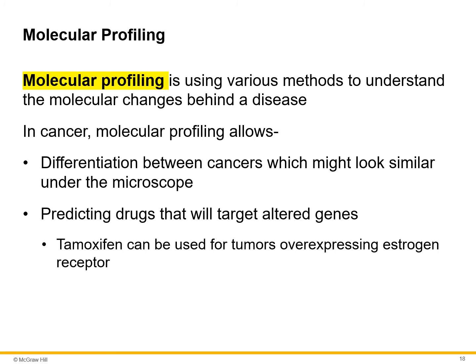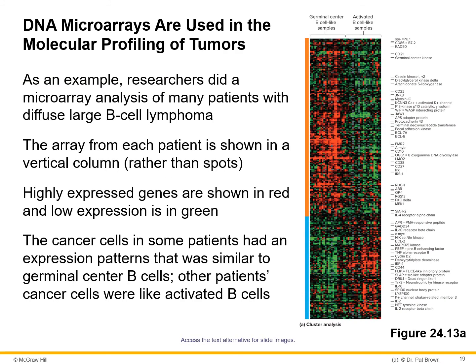So that's a big area, and you'll even see different hospitals that will talk about personalized treatment plans for cancer, and that's what they're looking at, is doing the genomic analysis of your cancer. And this is just an example where they're doing one of a lymphoma and picking up which genes are expressed, which are red, which genes are not expressed, which are in green.